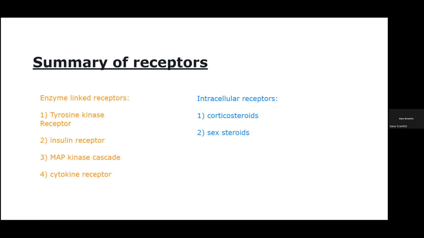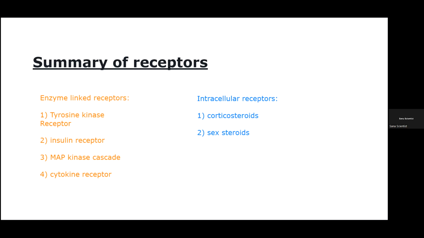So you can imagine that if we have more cell proliferation, that is cancer. So mutated RAS means that it's always active. This will lead to cancer.